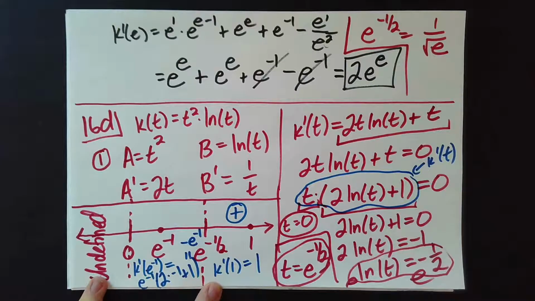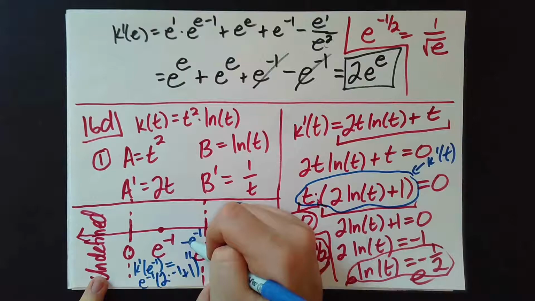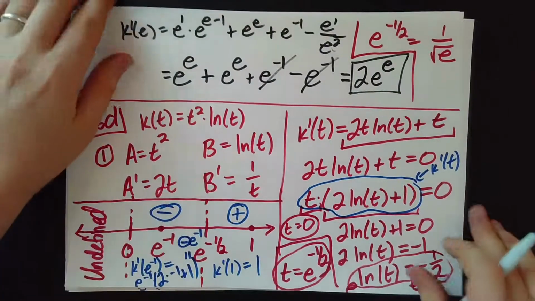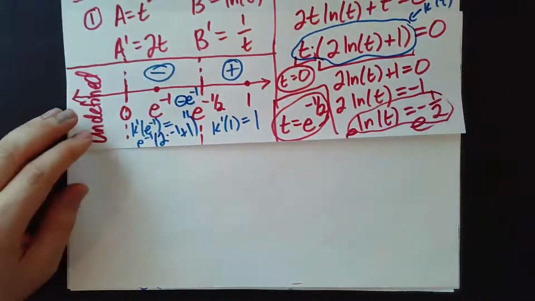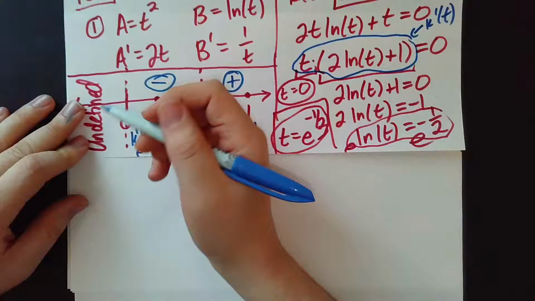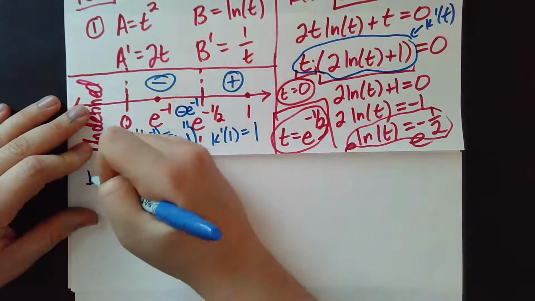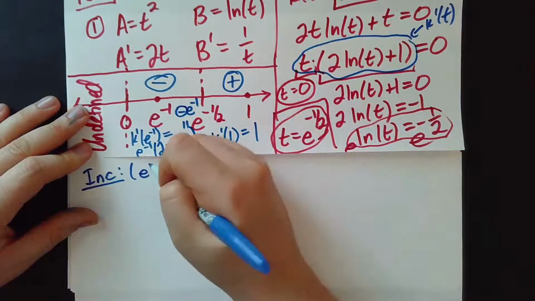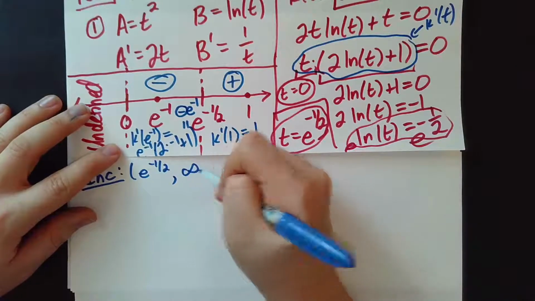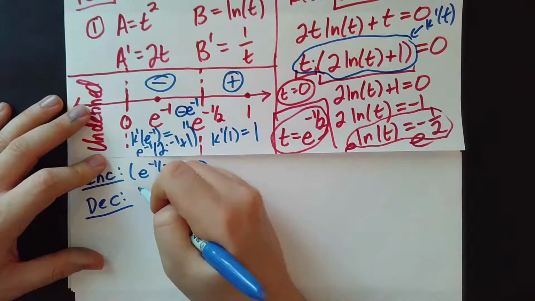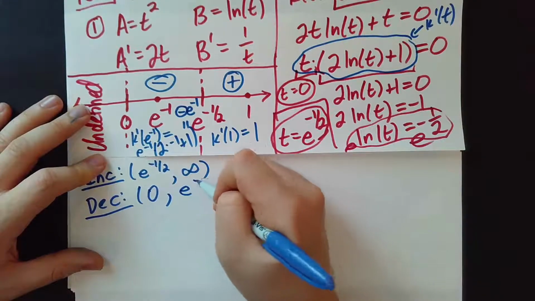But as messy as that is, the only thing I care about is this minus. So here it is negative. And thus we get as our answer that this function is increasing from e to the minus 1/2 to infinity, and it is decreasing from 0 to e to the minus 1/2.